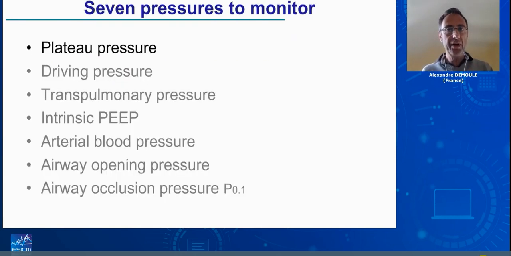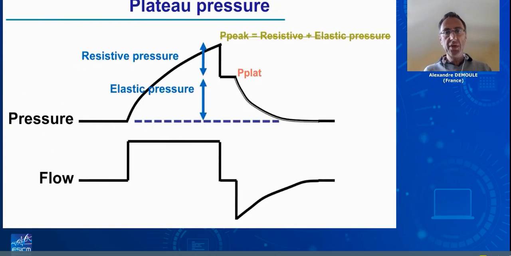So the first one is the plateau pressure, which is to me one of the most important ones. Here on this pressure recording of a ventilator screen of a patient, you can see an inspiratory pause, and on this inspiratory pause, this plateau pressure.